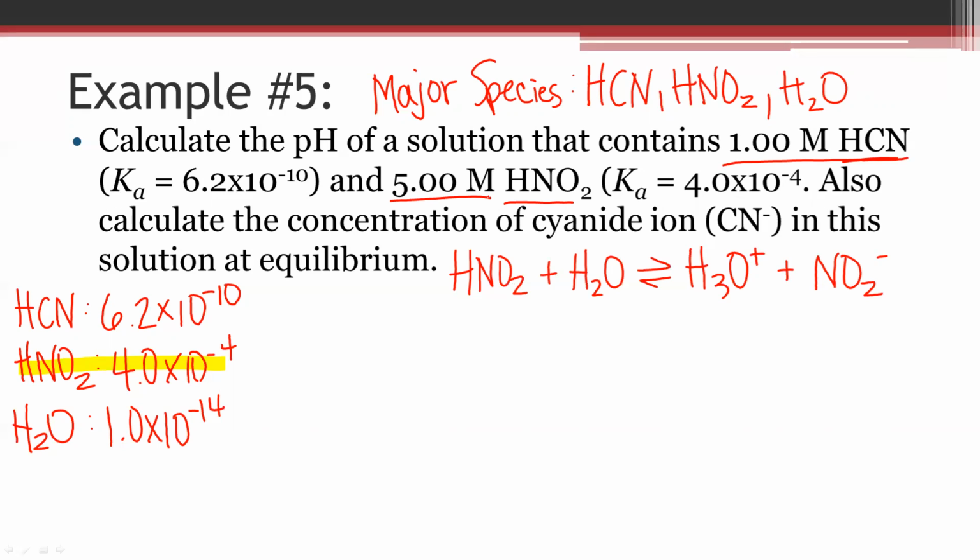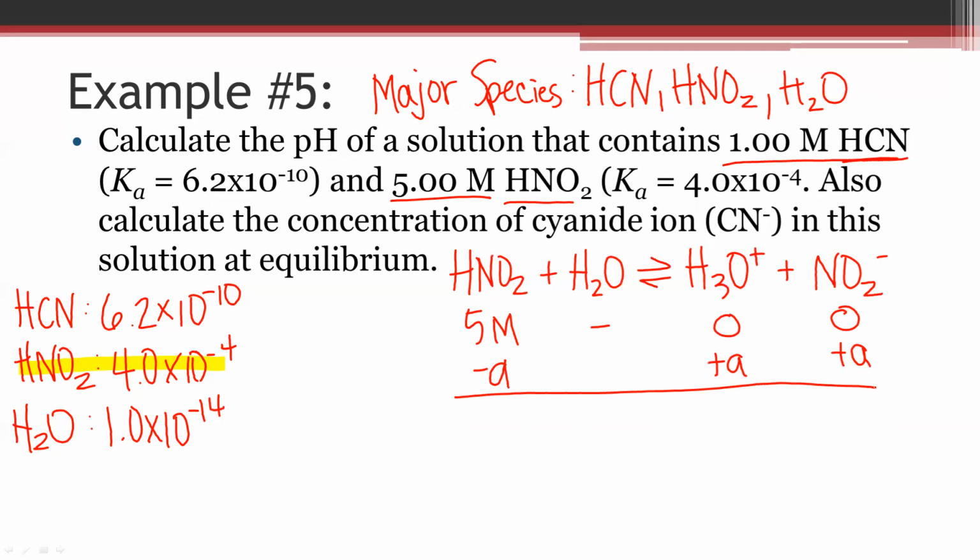We're just going to include this 5 molar as our initial concentration, and we've got zeros. We're dealing with acids, so I'm going to add acid, subtract acid. So at equilibrium, we got 5 minus A for the concentration of the acid, and A is equal to the concentration of the hydronium and the nitrite ion.